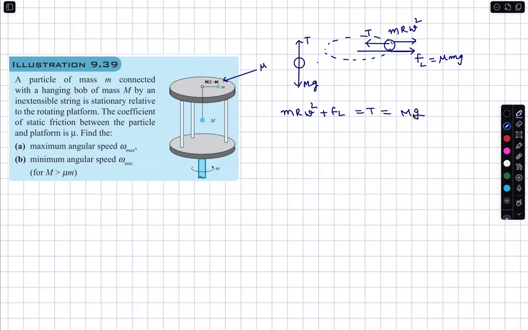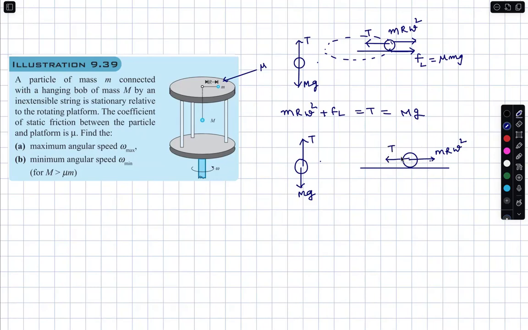Even if I keep increasing, what happens? Sometime you will see that mg, tension, no change in this. No change in the m r omega square term also. No change in the tension term either.